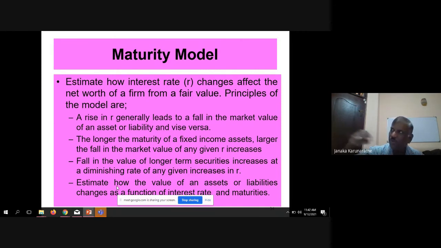So whenever you increase the maturity, the decline in value also increases. But the third point is important. The fall in value of longer term securities increases at a diminishing rate for any given increase. Now, what is that? Okay, whenever your maturity increases, value declines, but the decline is very slow.